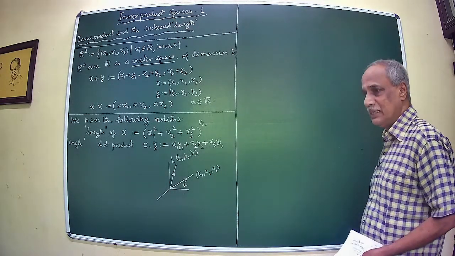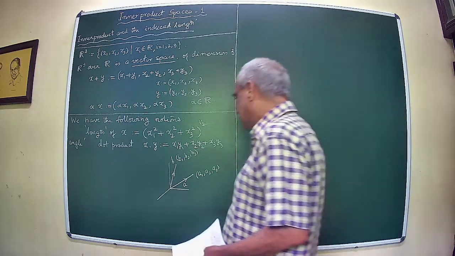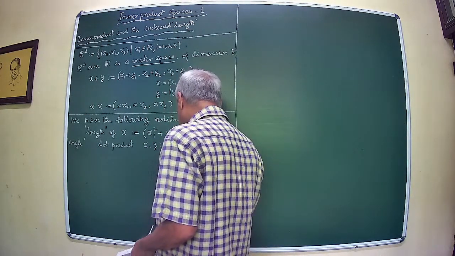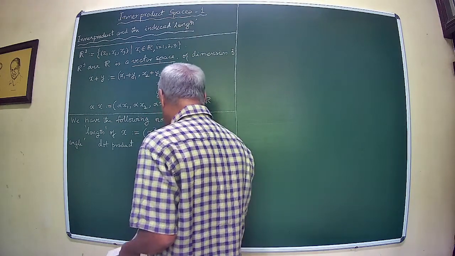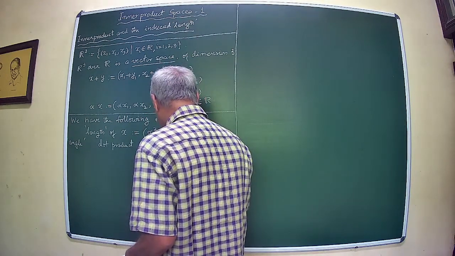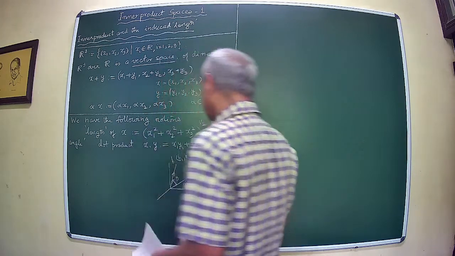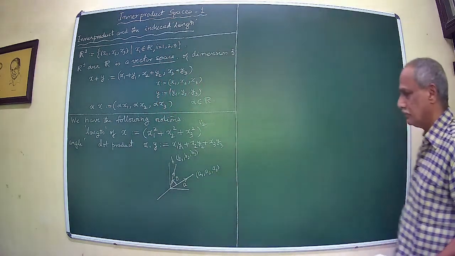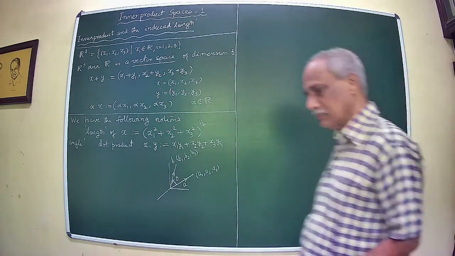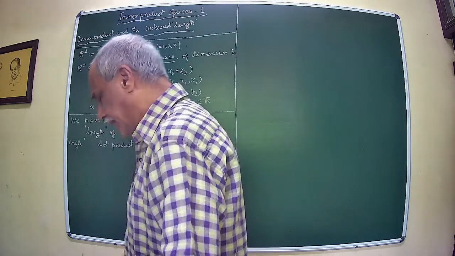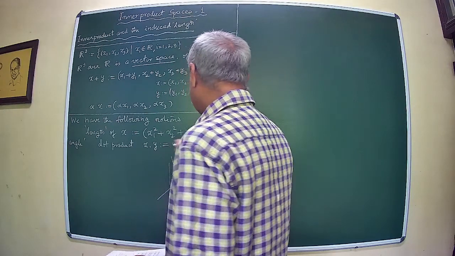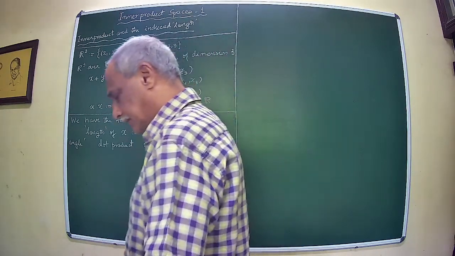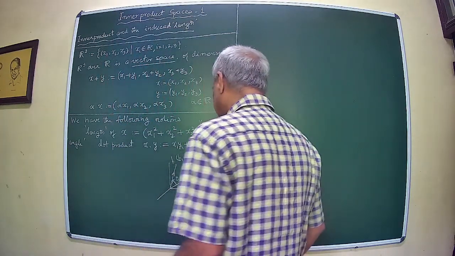Now you see that we want to measure the angle between A and B. So call this theta. Now how do we end up relating it to the so-called dot product? Let us see this.